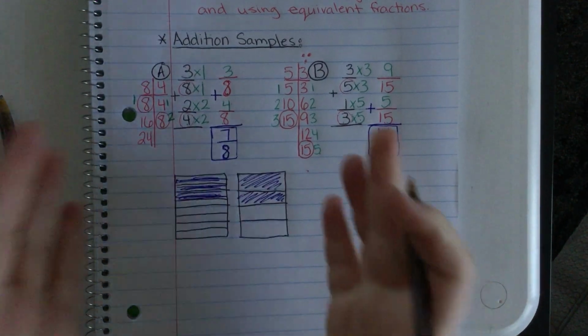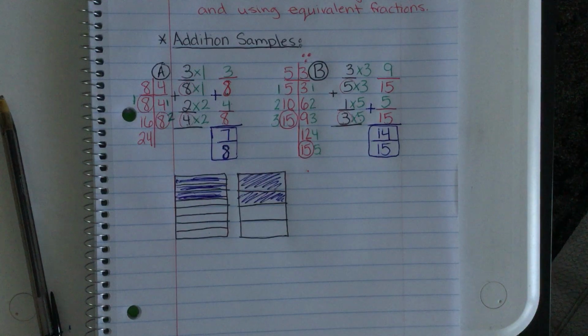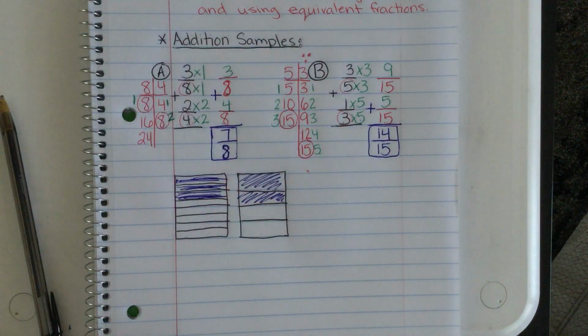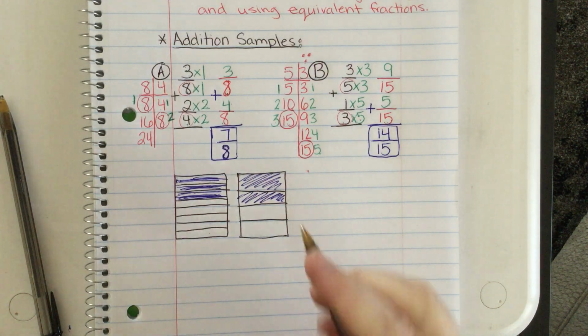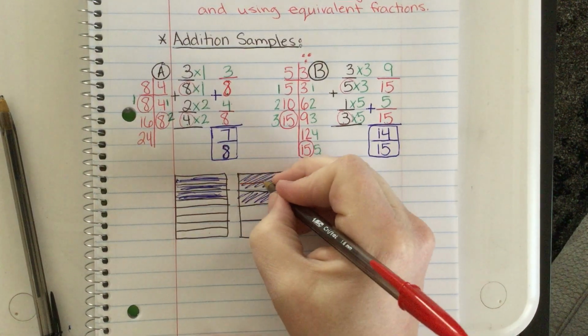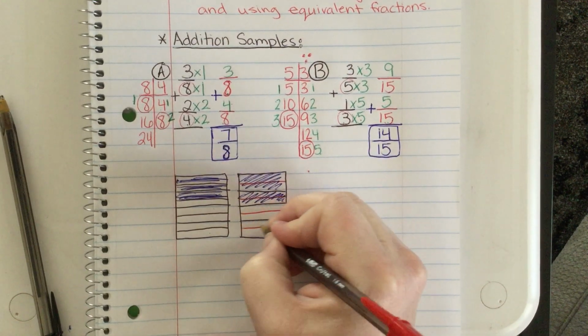Okay, if I wanted to put those together, they're not the same size pieces, so I can't do that. So I'm going to use a different color and I'm going to create the same size pieces. And to do that, I can do it a few ways. I can start splitting my 4ths in half to make 8ths, right?